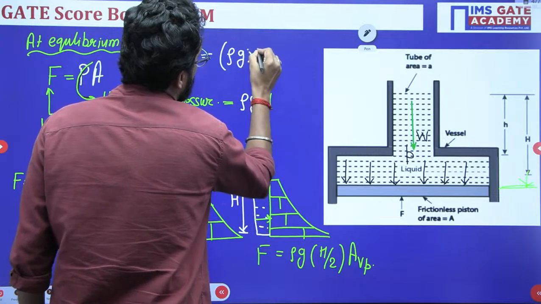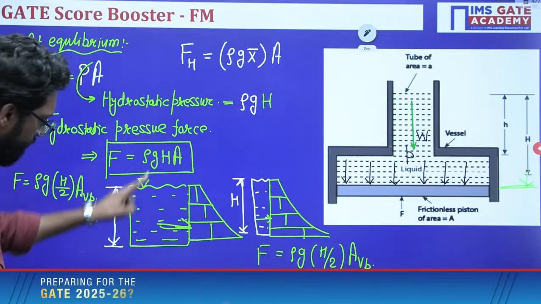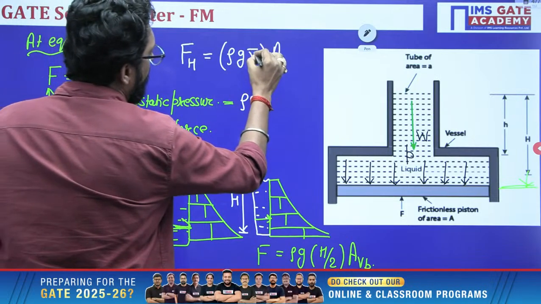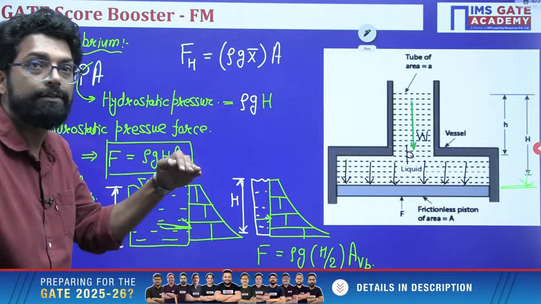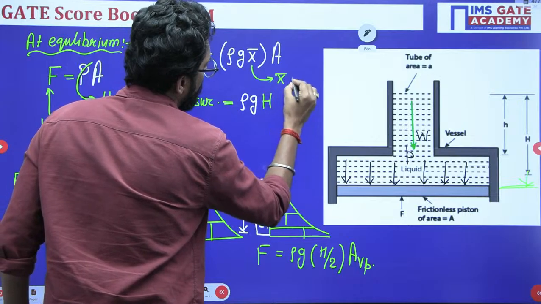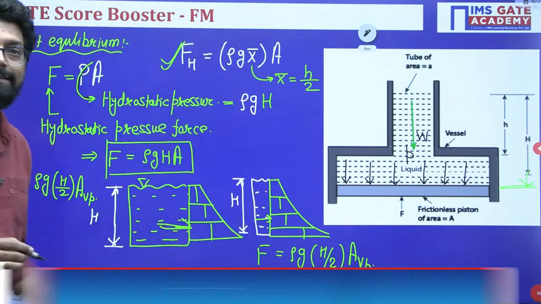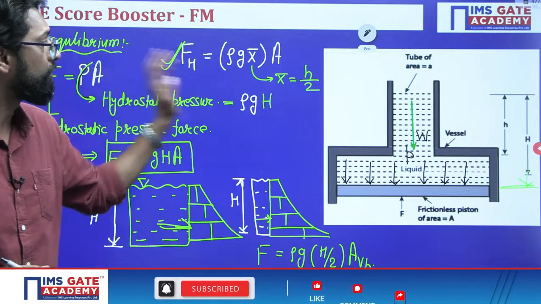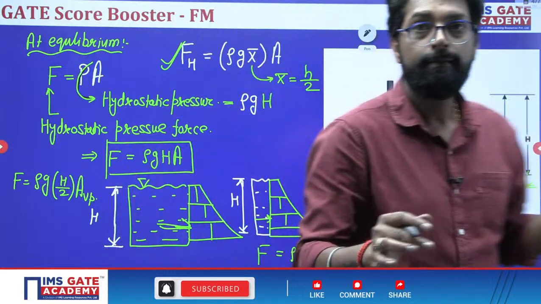Let's suppose this is x bar into the area. And what is the x bar here? It is the location of the CG from the free surface. So this x bar is simply h by 2. This is the formula of hydrostatic force. If you join the regular class, we will discuss this thing. Now it is clear, beta? Surya, it is clear now?